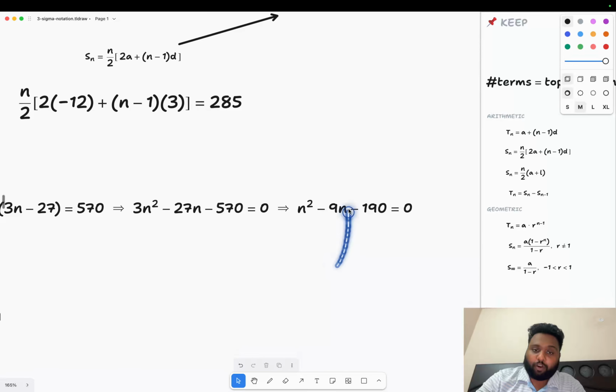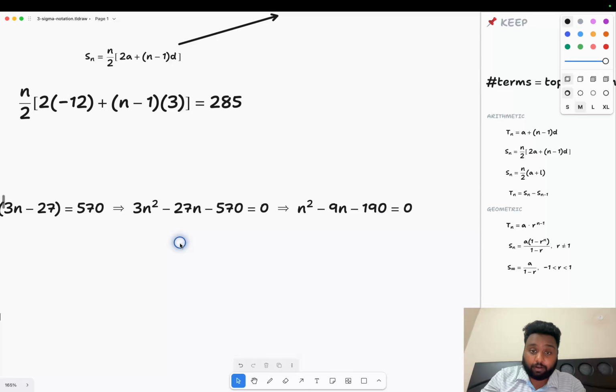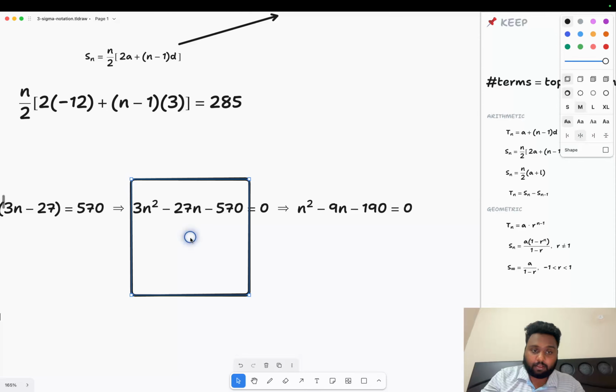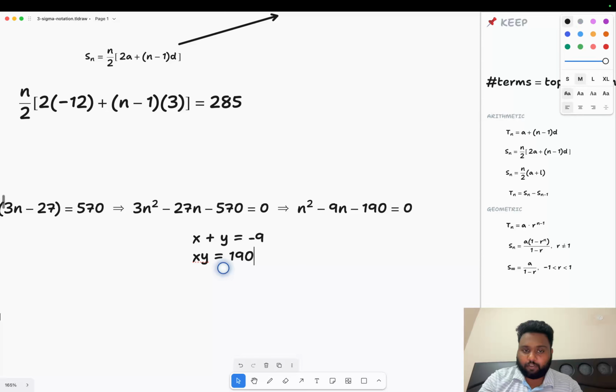For this, what are the values that when we add them together will result in minus 9, and when we multiply them together will result in minus 190? So x plus y equals minus 9 and x multiplied by y should equal minus 190.